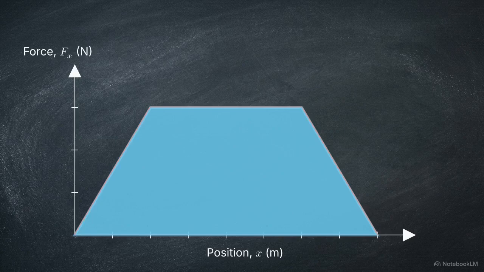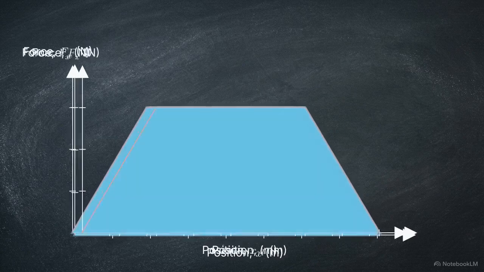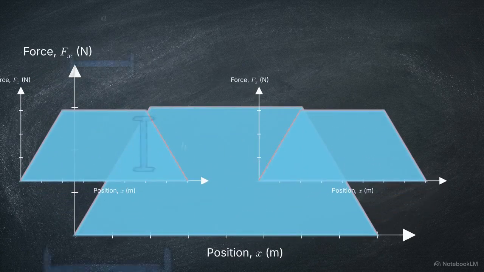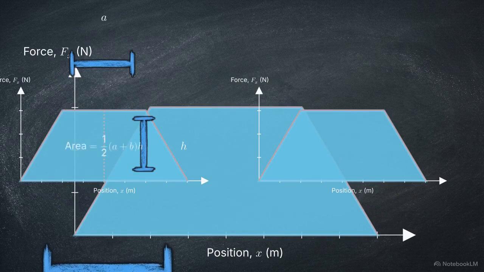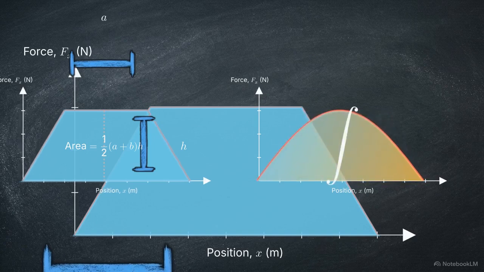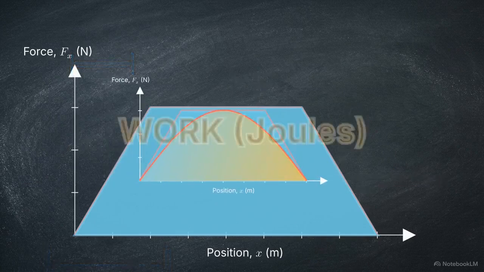Summing these segments across the total distance reveals that the work done is exactly equal to the area bounded beneath that line. By calculating this internal area, whether using basic geometric formulas for a shape like this, or integral calculus for complex curves, we extract the exact scalar energy transfer.